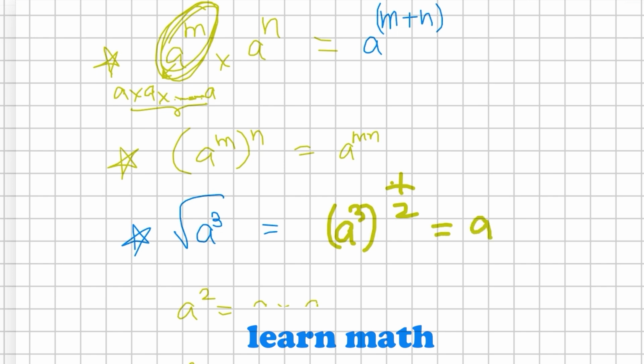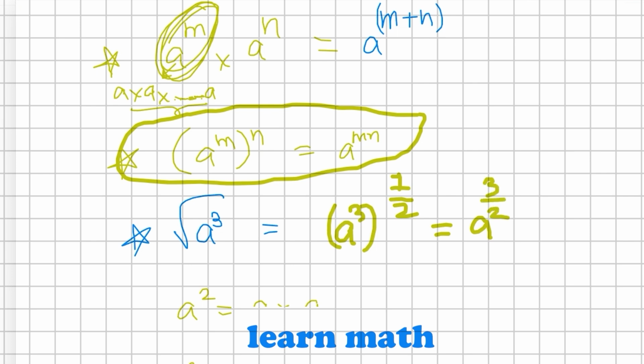So a to the power of 3 times 1/2, which is 3 over 2.